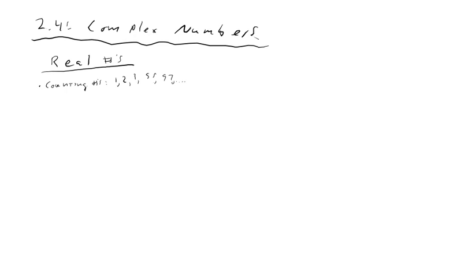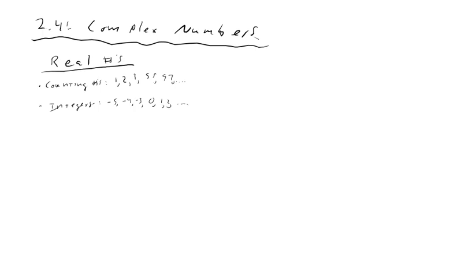We also had integers. Integers are all the negatives: -5, -4, -3, and 0, and also 1, 2, and keep going. So all the negatives and all the positives, we had those integer numbers.